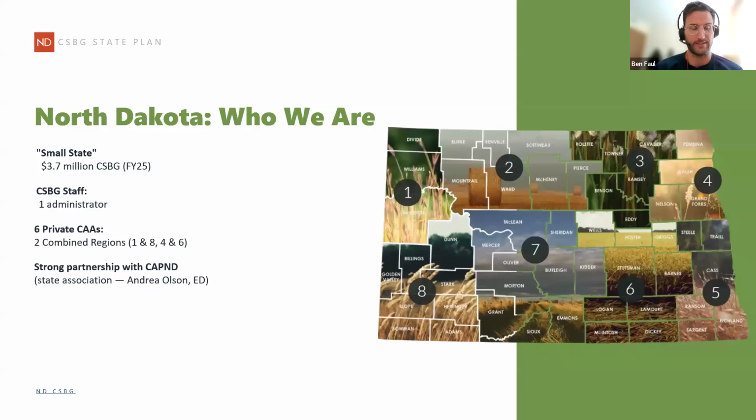Andrea at our state association is a champion for me. She helps collect data and get feedback from our agencies that don't want to share it with me directly. We get a more unified approach to the state plan through her. So it's extremely vital. You can go to the next slide.